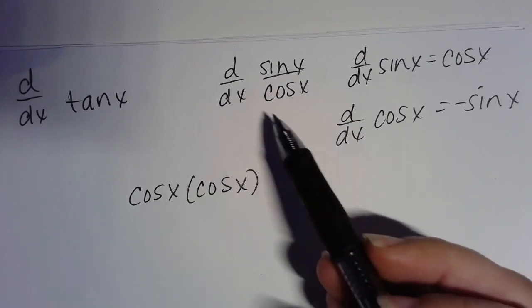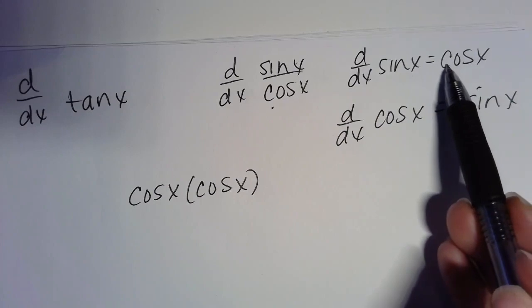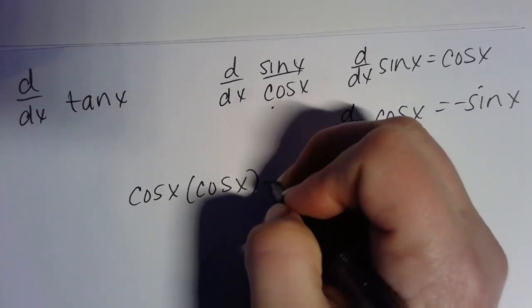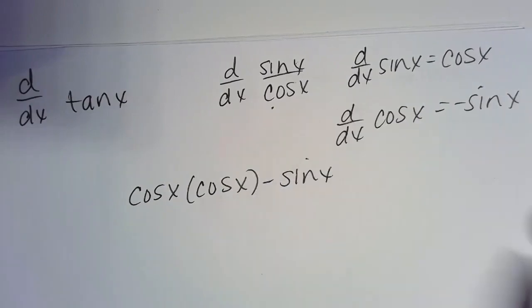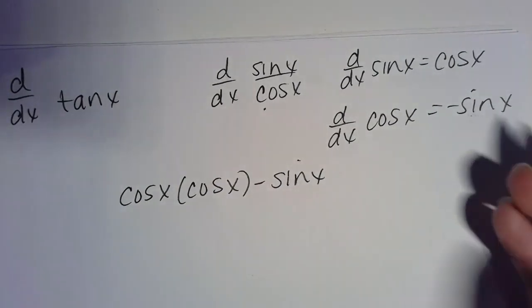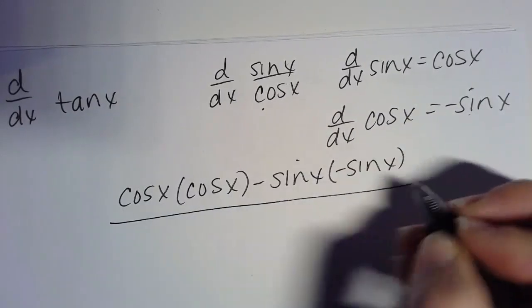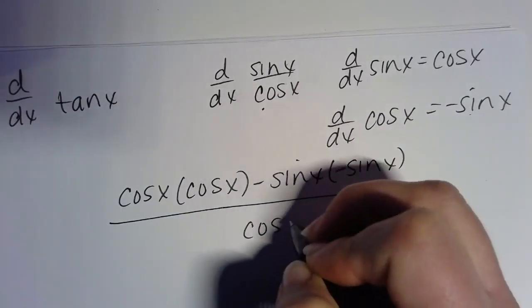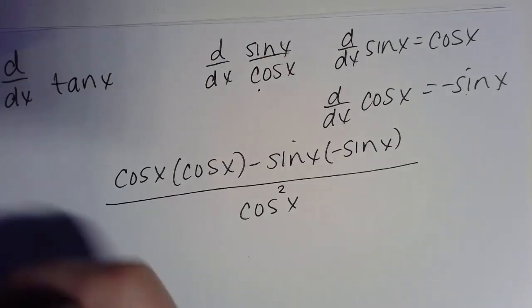All right, so I have the bottom times the derivative of the top, right? So the derivative of the top is cosine, minus then the top times the derivative of the bottom. The derivative of the bottom is negative sine, so this will be times negative sine of x, all over the denominator squared, cosine squared of x.